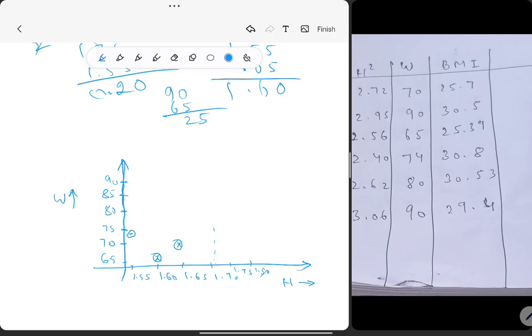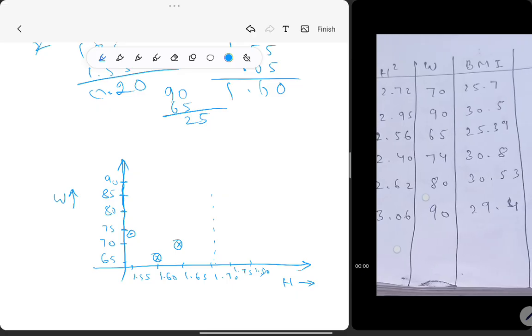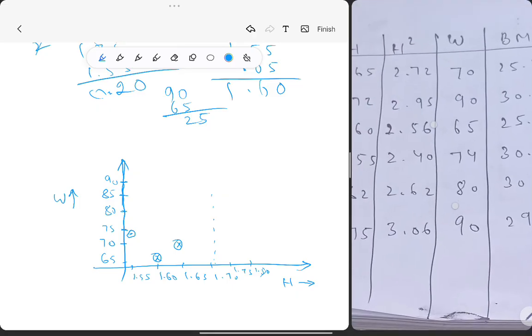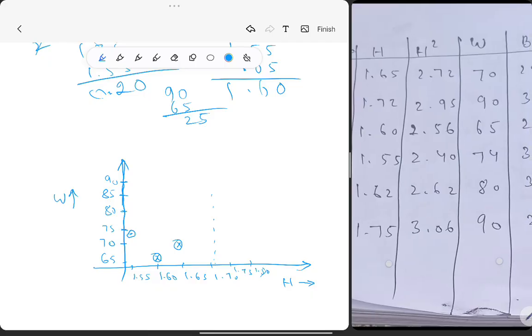What was 1.72? 1.72 and 90 kg. That means this, and this is obese.